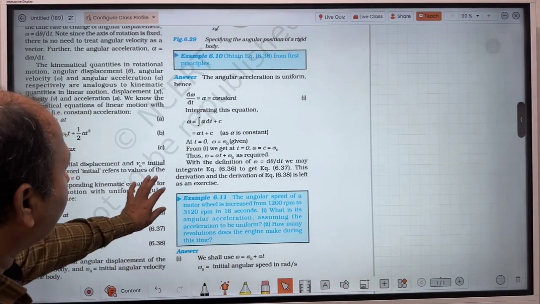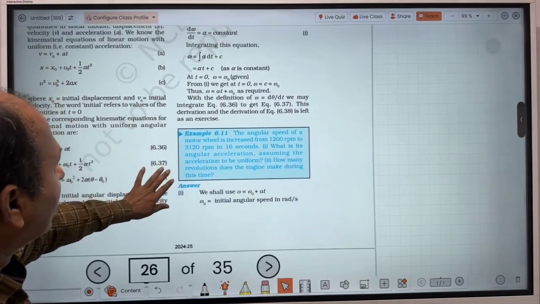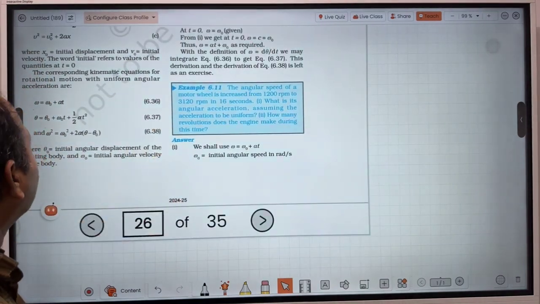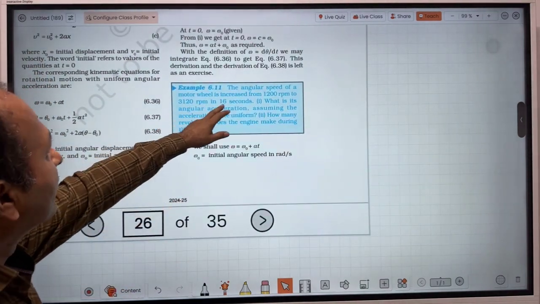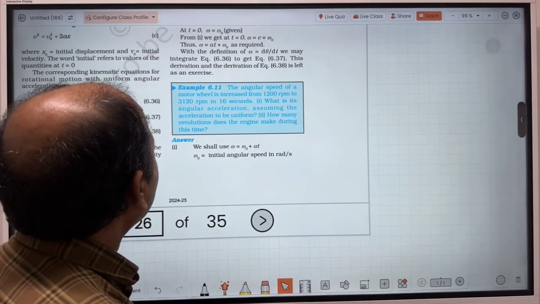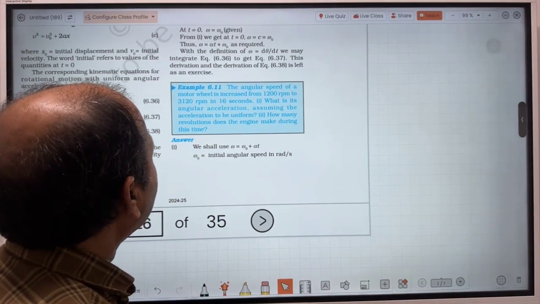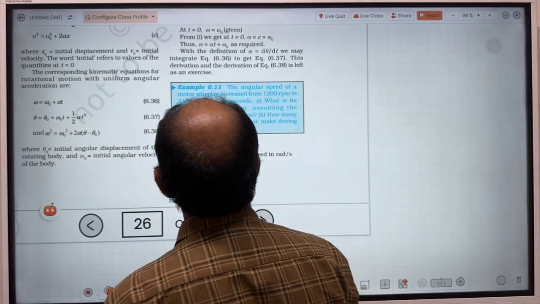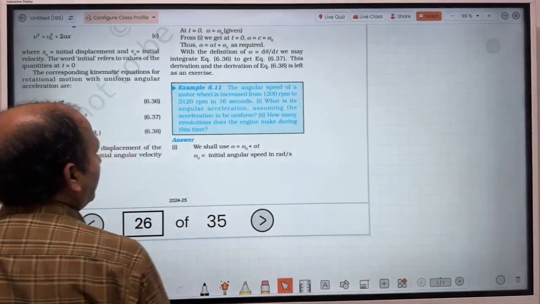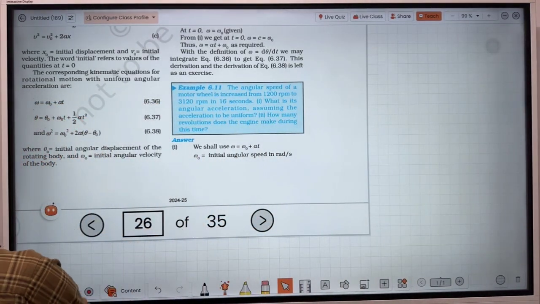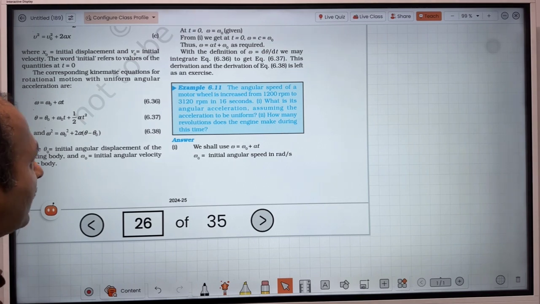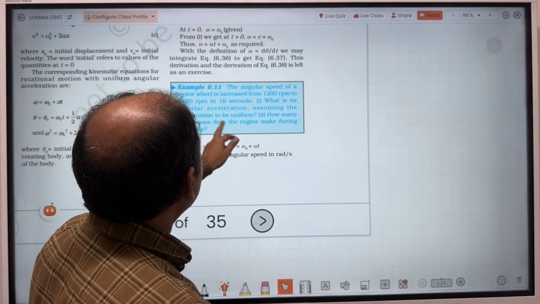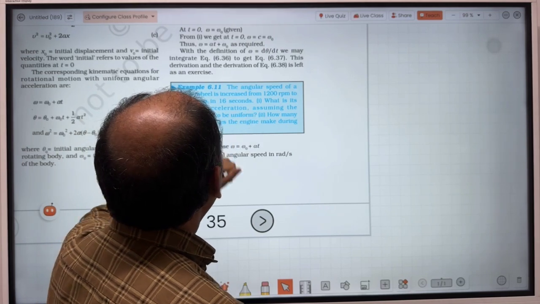Now here there is another question. It says the angular speed of a motor wheel is increased from 1200 revolution per minute to 3120 revolution per minute in 16 seconds. Assuming that acceleration is uniform, what is angular acceleration?